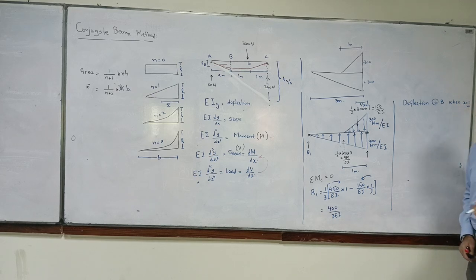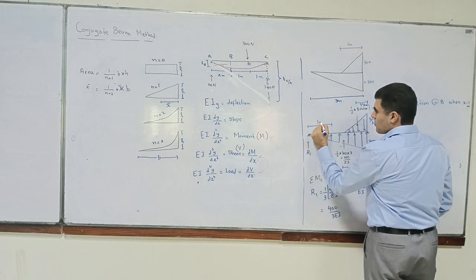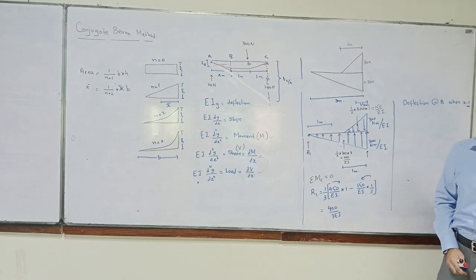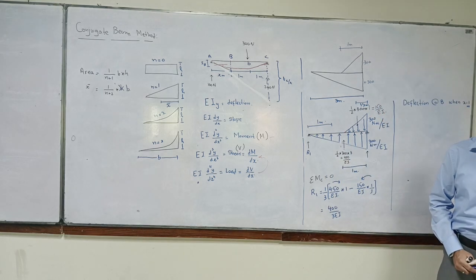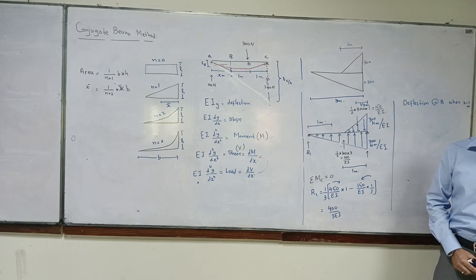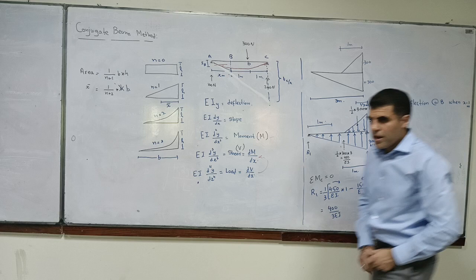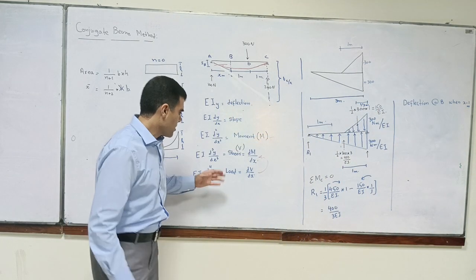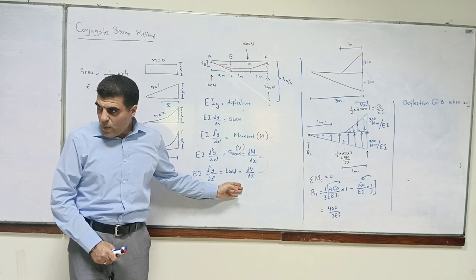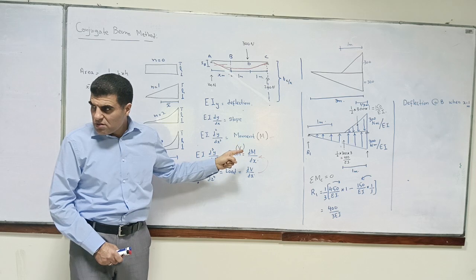When x is equal to 1 meter, how can I find the deflection at 1 meter from here? Look, I'll repeat. When I say deflection, deflection is analogous to moment.